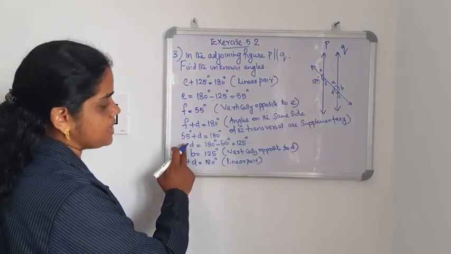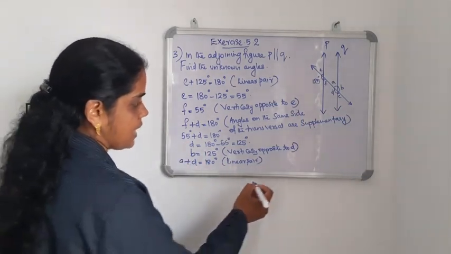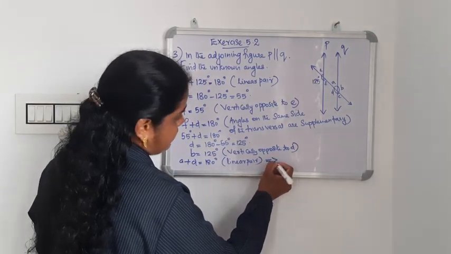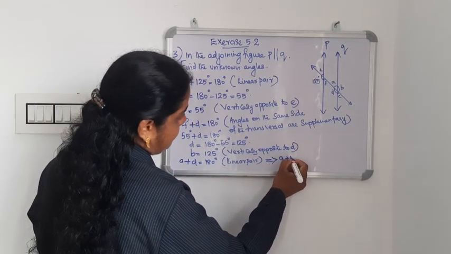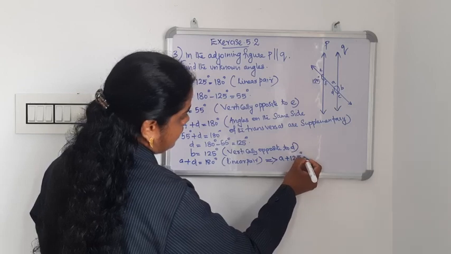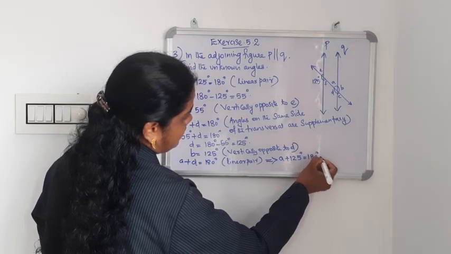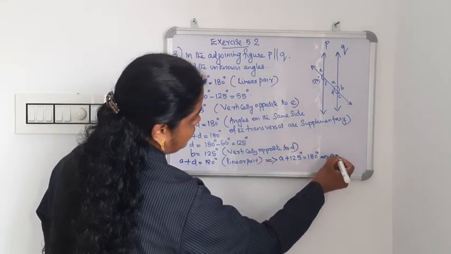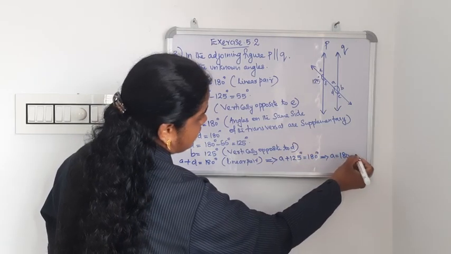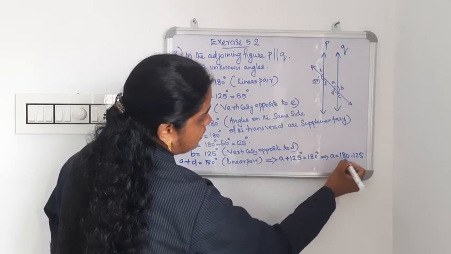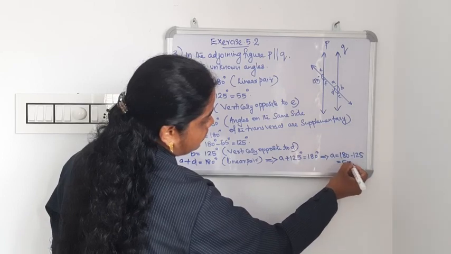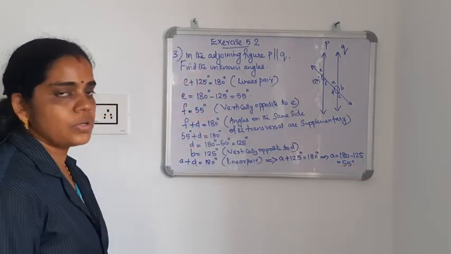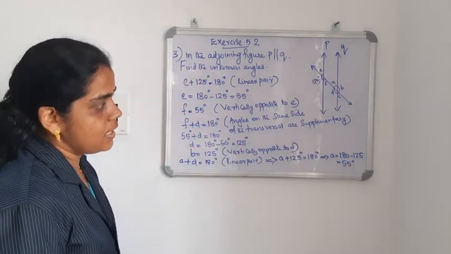And the angle measurement of D, we know what it is: it is 125. So A plus 125 equal to 180, which implies A equal to 180 minus 125, that is equal to 55 degree.